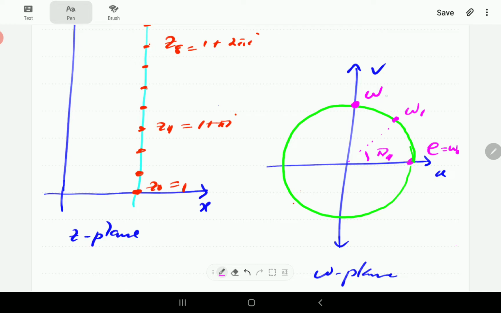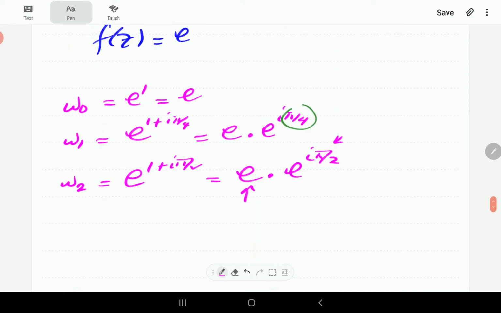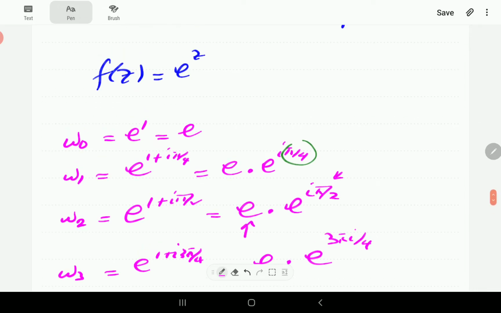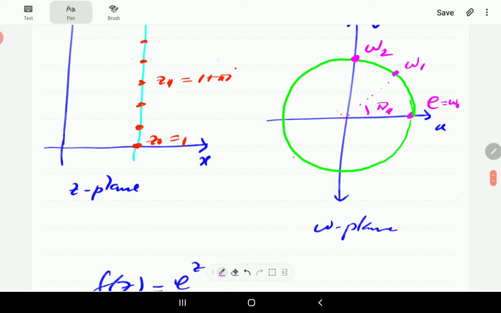That's w2. Then w3 is e to the power 1 plus 3i pi on 4, so it's e times e to the 3i pi over 4. That one is going to be in the second quadrant on the circumference of our circle. It's w3.